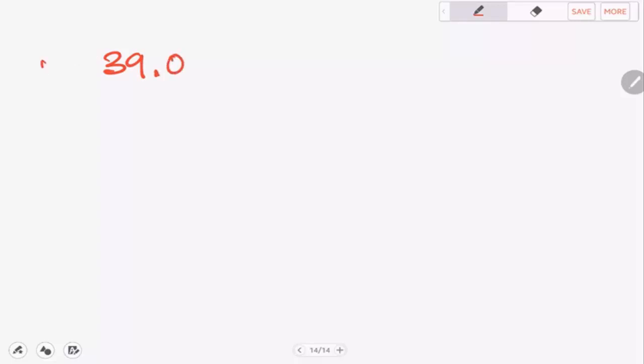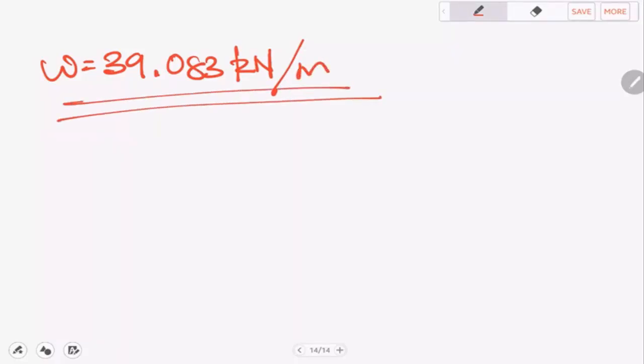Omega is equal to 39.083 kilonewtons per meter. So that is the maximum UDL which we can place on top of that beam.